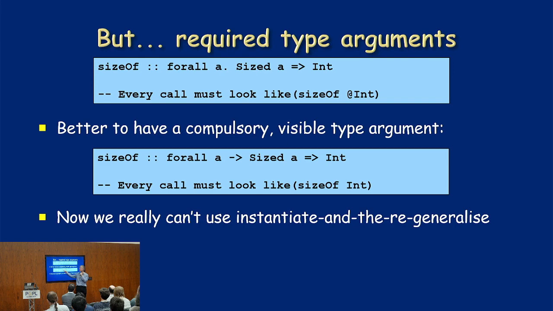And the forall a arrow means that every call must look like sizeof, and then you just give a type, no @ sign, and it's compulsory to give a type. Right, it's not optional, because if you leave this out, the complaint would be obscure, something about an ambiguous Sized a constraint. It's all very obscure. Whereas this, it's compulsory. Yeah?